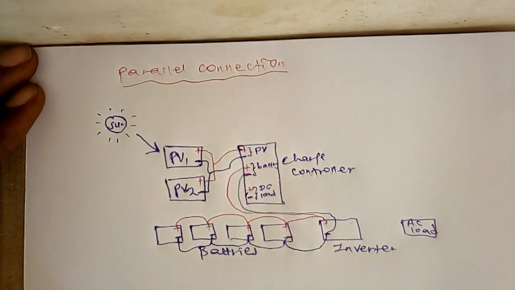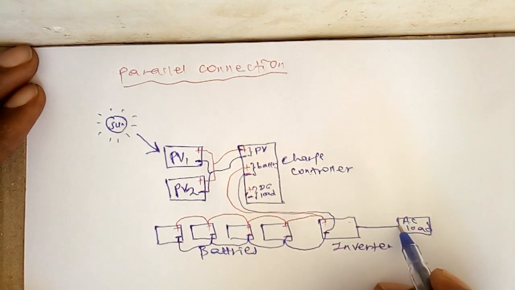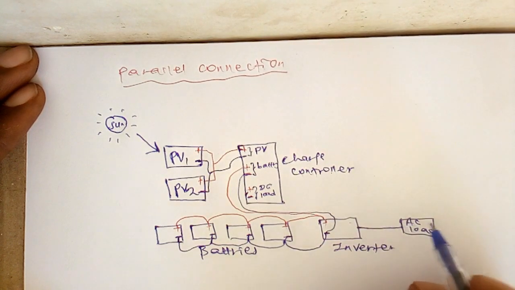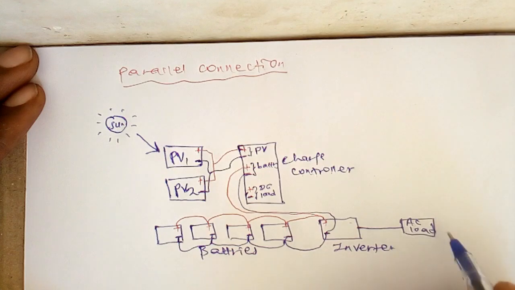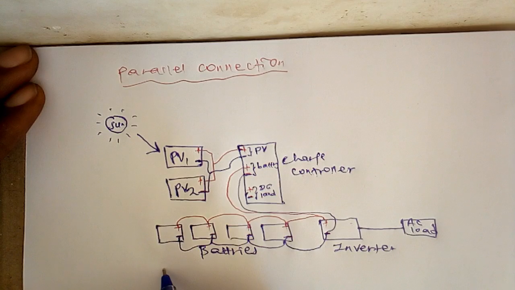Then finally we connect them to the load. So in the inverter, the DC current is converted to AC current. This is the parallel connection of the solar PV system.